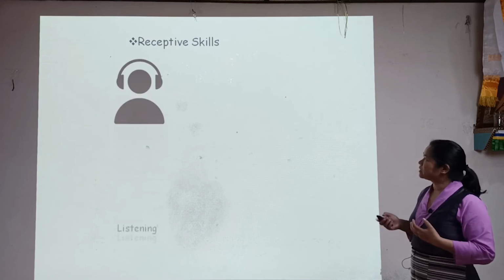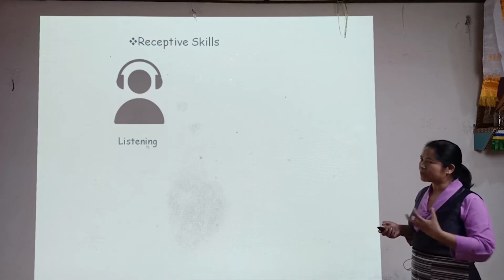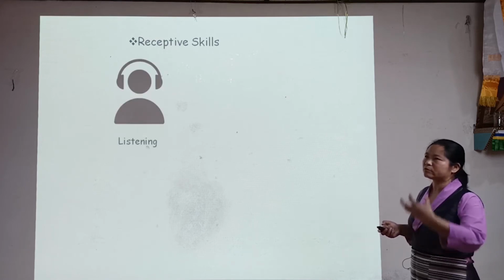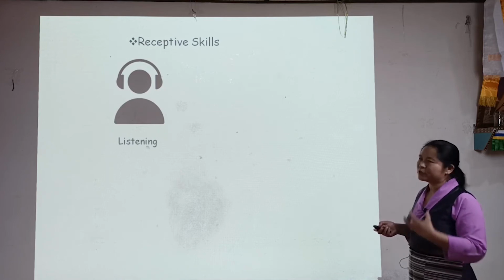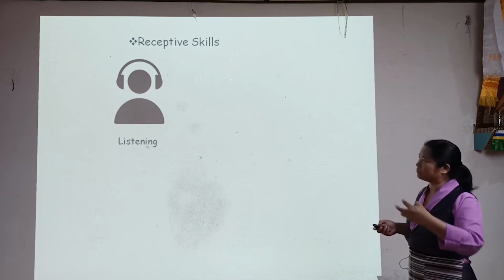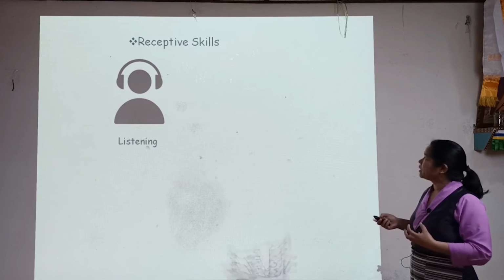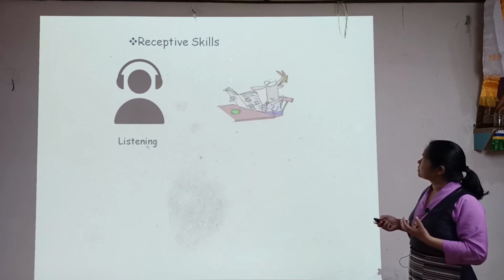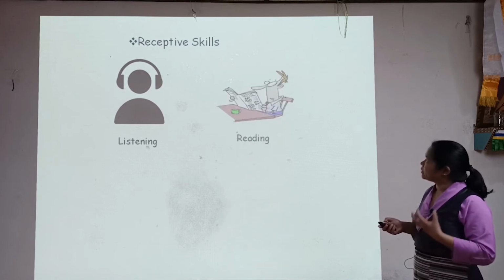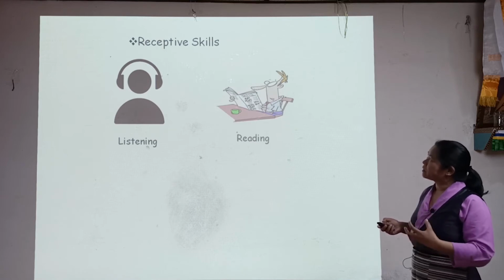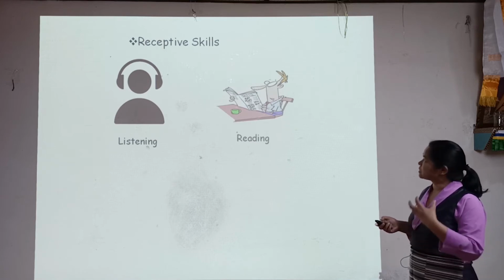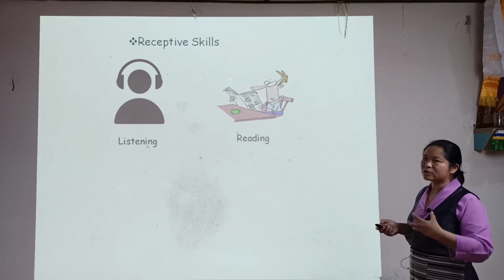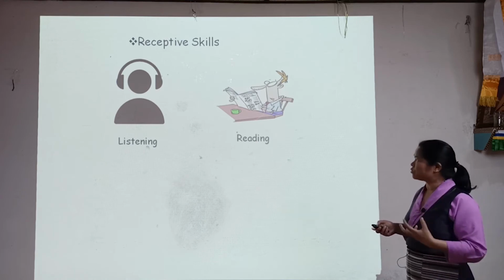The first is listening. When we listen, we are trying to collect information, which is like a water tank, which collects water. And the second is reading. Reading is also a receptive skill, because again, when we read, we are trying to collect or gather information.